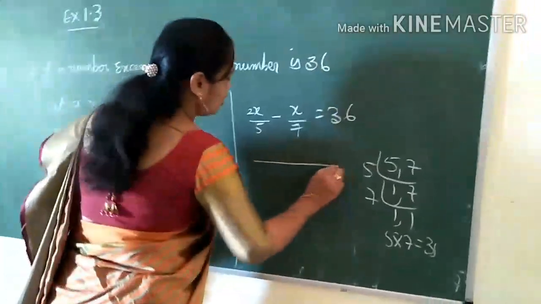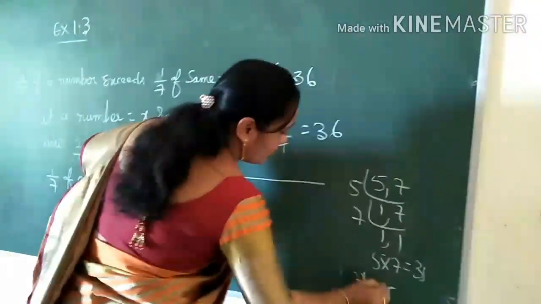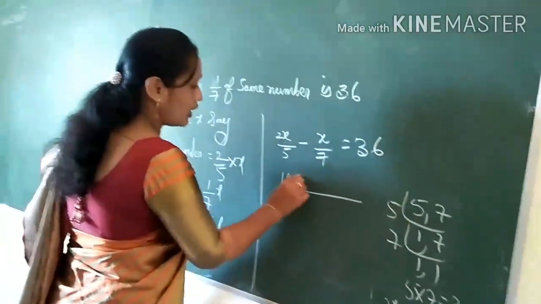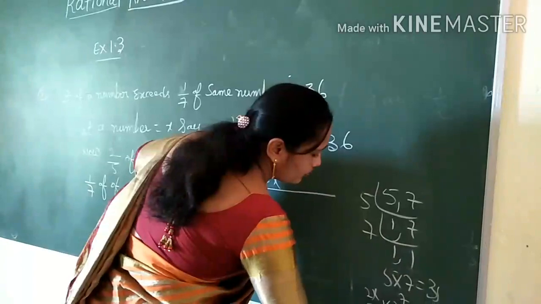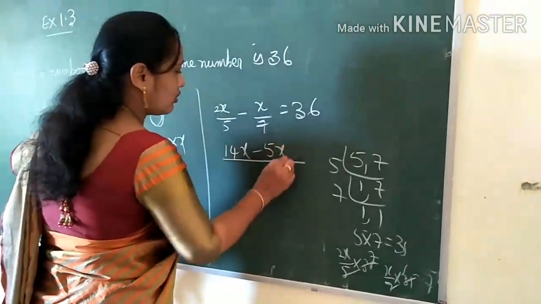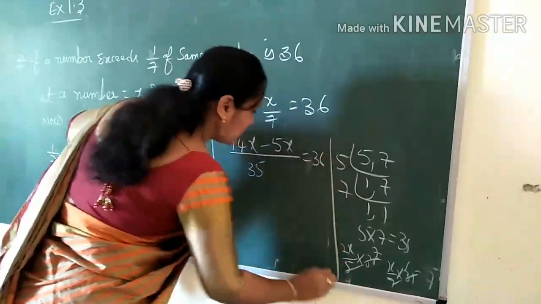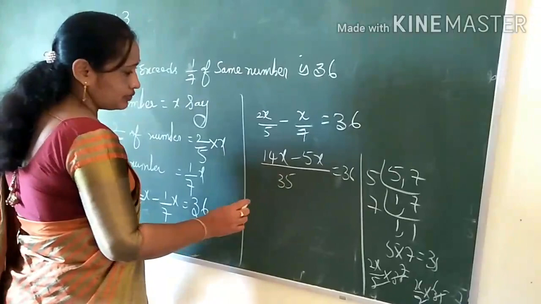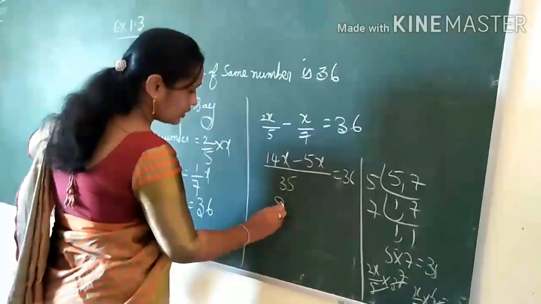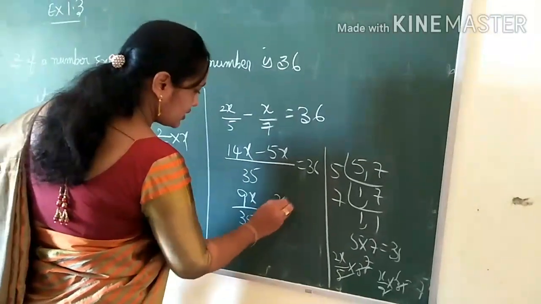So 2x by 5 into 35 by 7 gives 14x, minus x by 7 into 35 by 5 gives 5x, so 14x minus 5x is 9x by 35 equals 36.